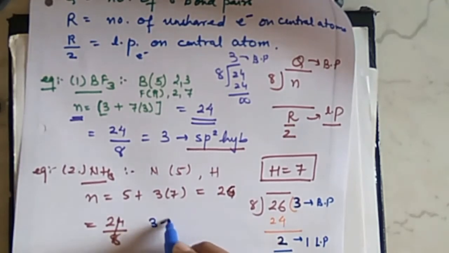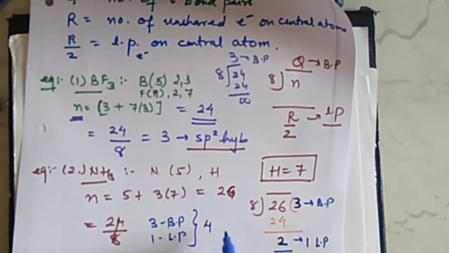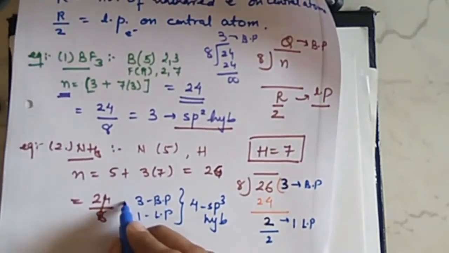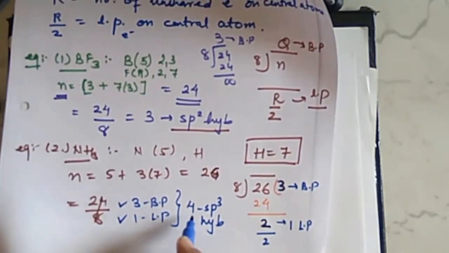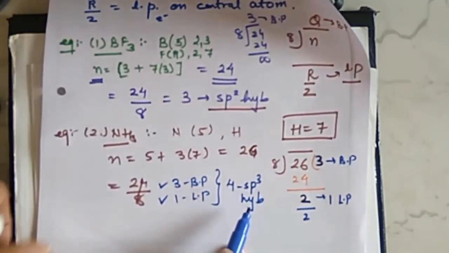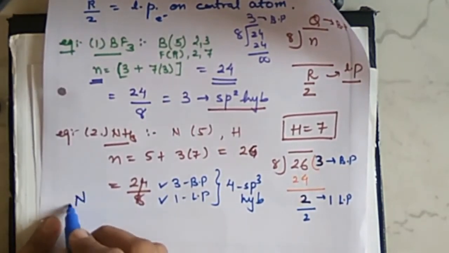So here we get 3 bond pairs and 1 lone pair, total 4. So 4 means sp3 hybridization. With 3 bond pairs and 1 lone pair, its geometry is not a regular one, it has a distorted geometry.